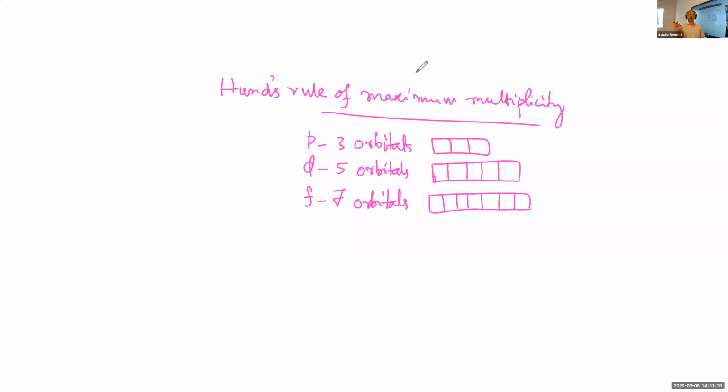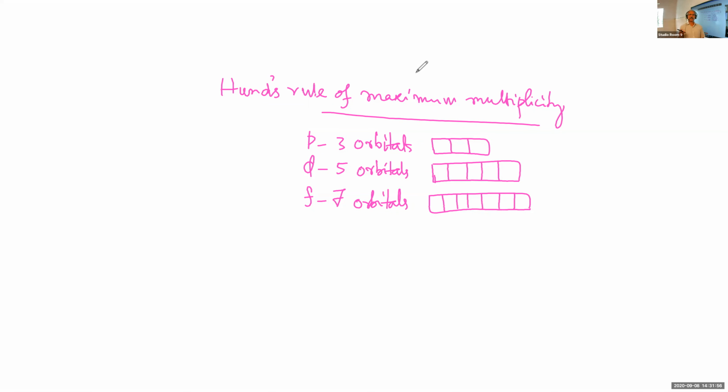But the spin quantum numbers will be different, plus half and minus half, that we have seen in the case of helium. Helium, atomic number 2, has 2 electrons. n is equal to 1, l is equal to 0, m is equal to 0.